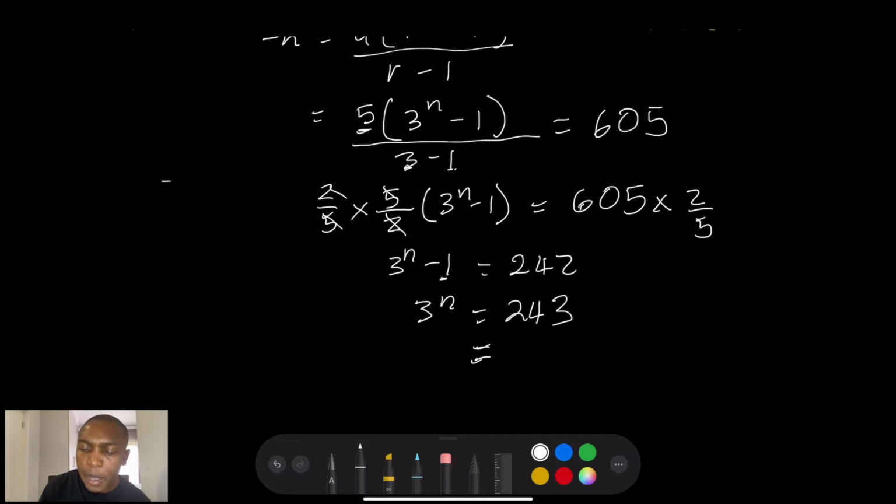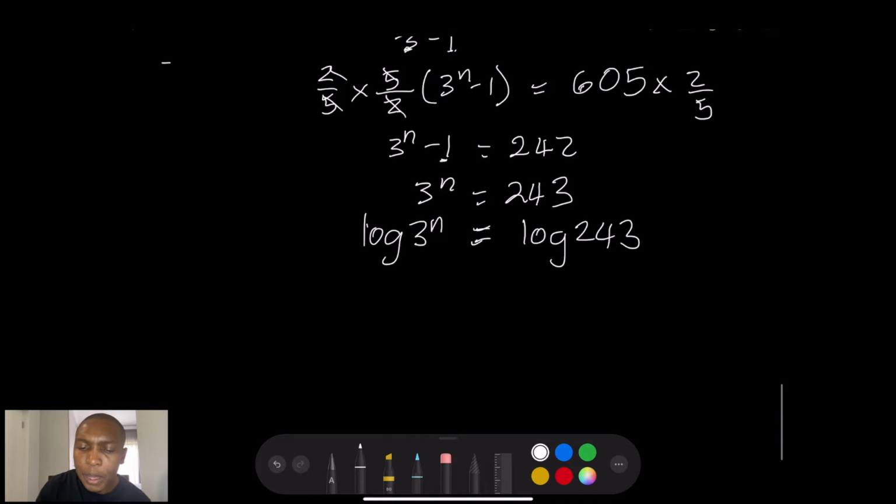To be quick about it, you can simply introduce logs and say log of 3^n is equal to the log of 243. Of course, the law of logarithms says if I've got a power there, it can jump down. So n log 3 is equal to log 243.